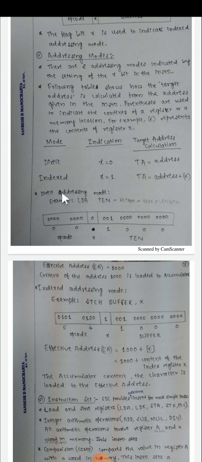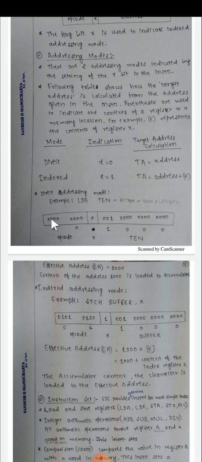Here is one example for direct addressing mode. The instruction is LDA 10. In the place of this 10 there may be any other operand like return address or length, anything may be present here.